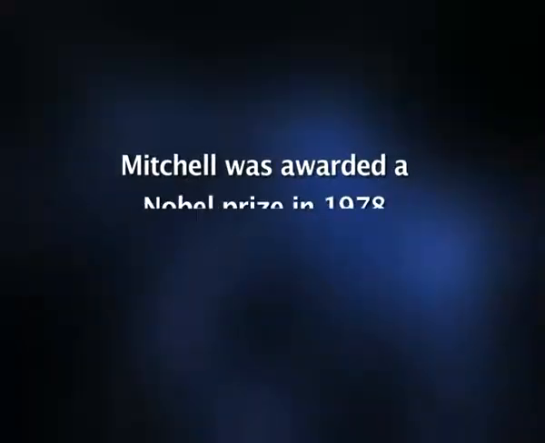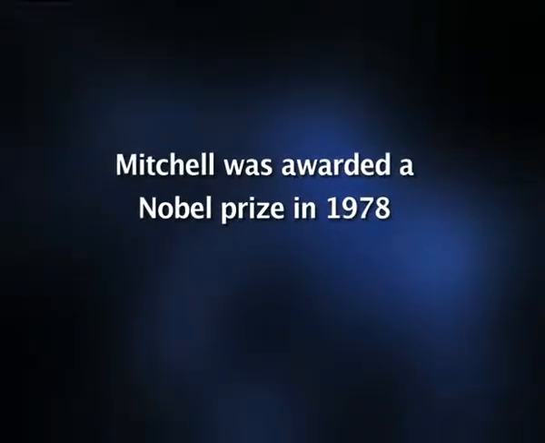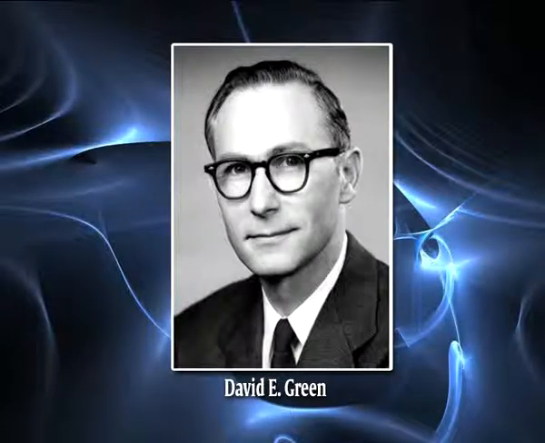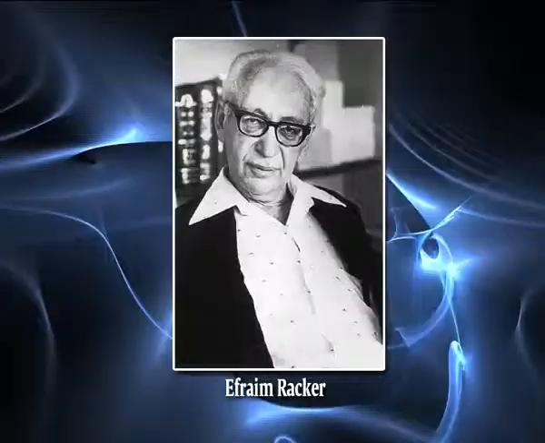At first, this proposal was highly controversial, but it was slowly accepted and Mitchell was awarded a Nobel Prize in 1978. Subsequently, research concentrated on purifying and characterizing the enzymes involved, with major contributions being made by David E. Green on the complexes of the electron transport chain, as well as Efraim Racker on the ATP synthase.